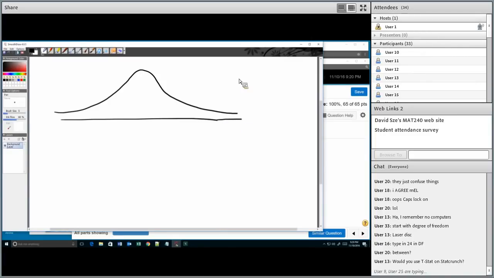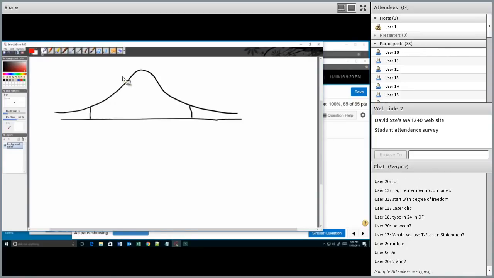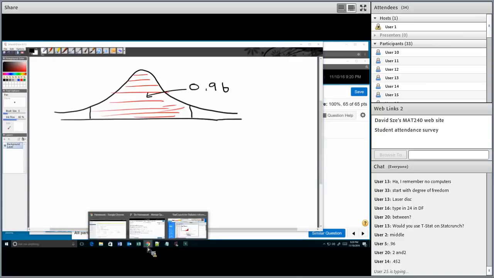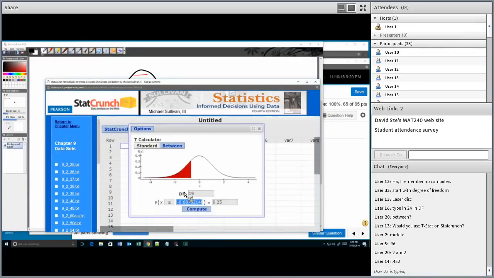What is the highlighted area? Very good, Kimberly. It is the middle area. So this middle area is going to be 96% or 0.96. So how would we do that problem using the calculator?